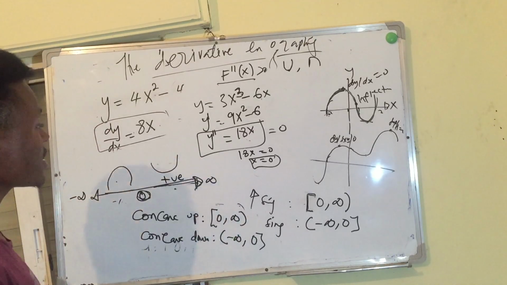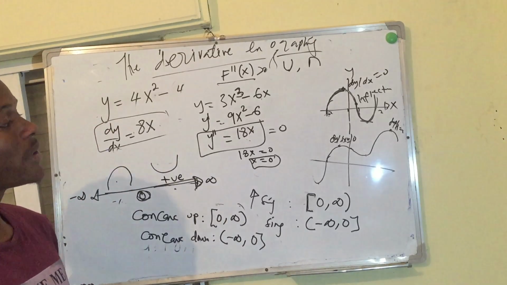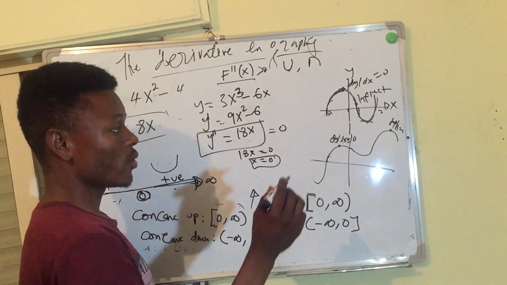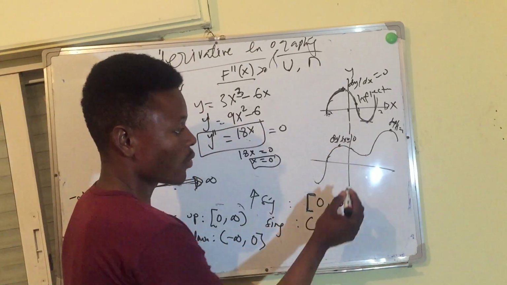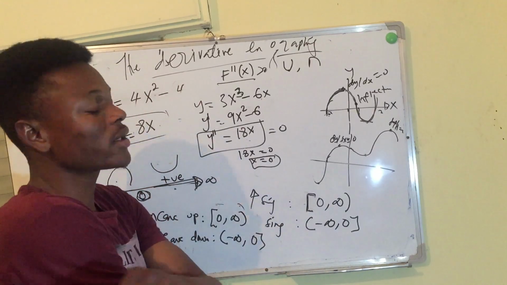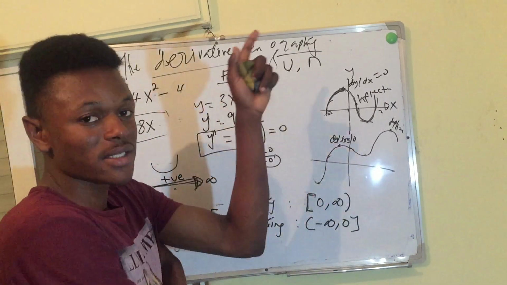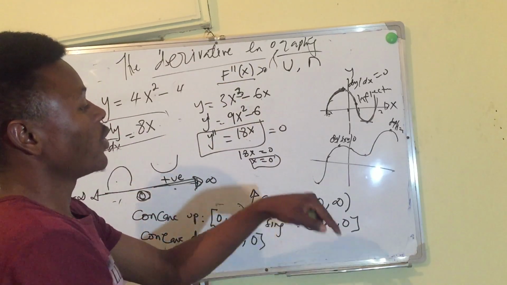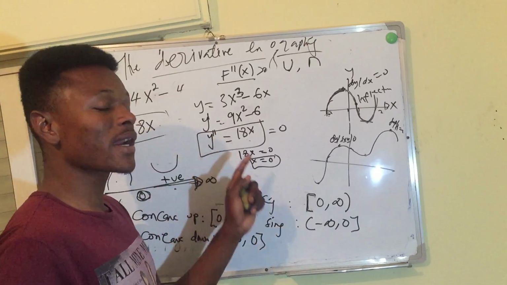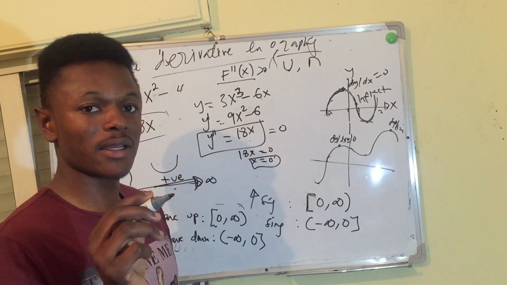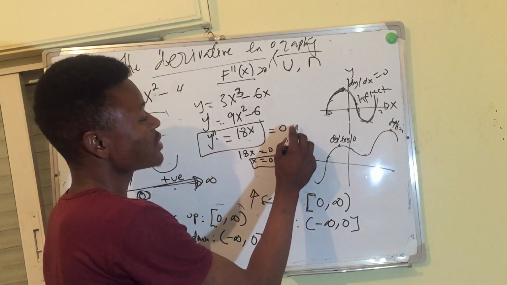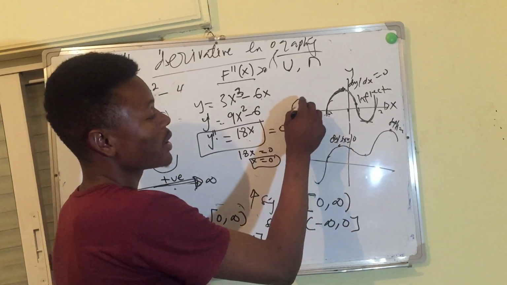If you want to find relative extrema, that is relative maxima or relative minima, you must know the points, the critical points. When dy dx is 0, at all these points dy dx is 0. So how do you know which of them is the maxima and which is the relative minima? If you substitute the points into your second derivative and you see a negative value of y double prime, that means this point is concave down.